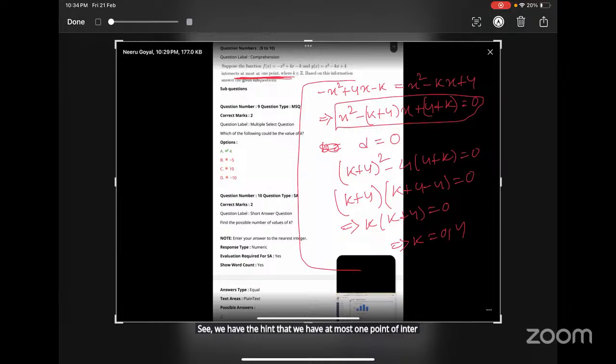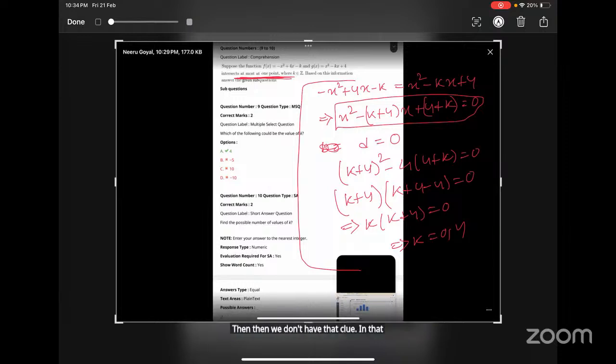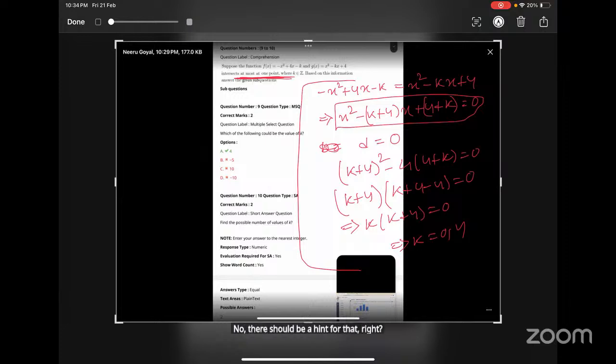If this statement was not mentioned, we wouldn't have that clue and we couldn't equate the discriminant with 0, so we'd not get any value. If there were 2 points of intersection, then D should be greater than 0. But because there is 1 point of intersection, D should be equal to 0. Got it, ma'am. Okay.